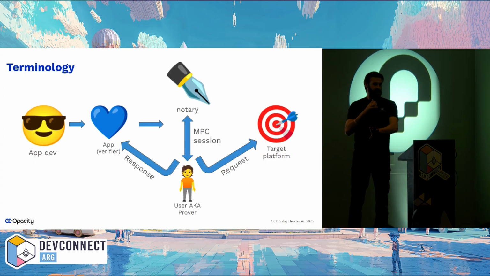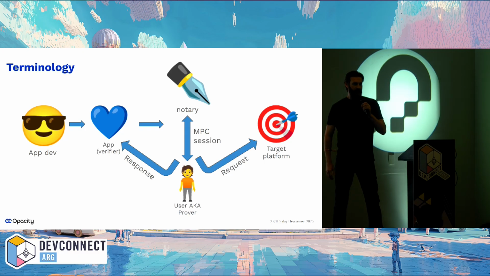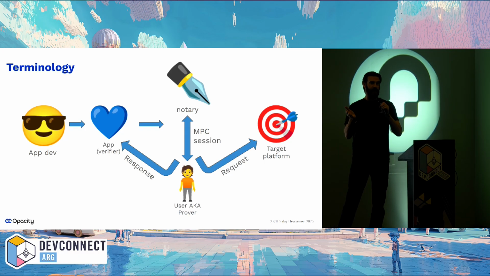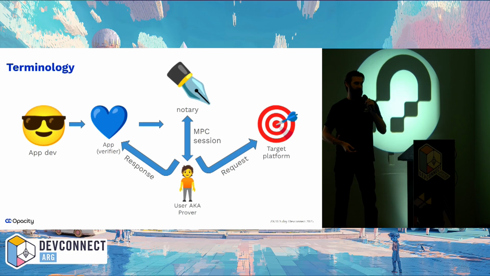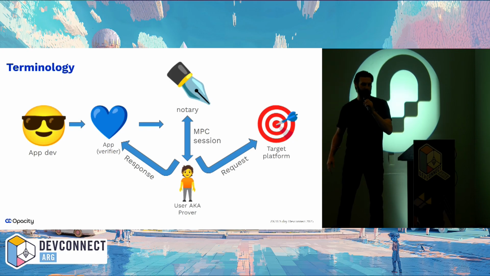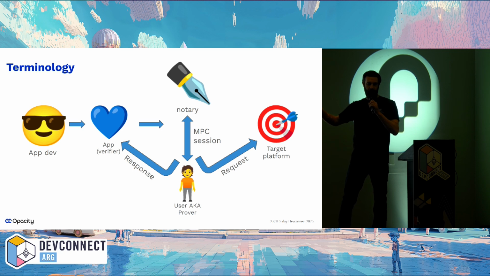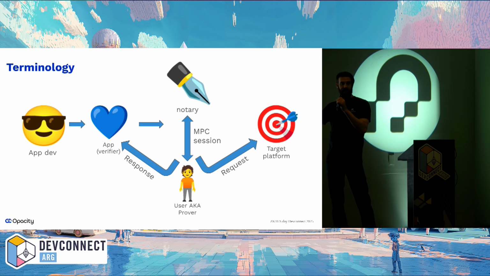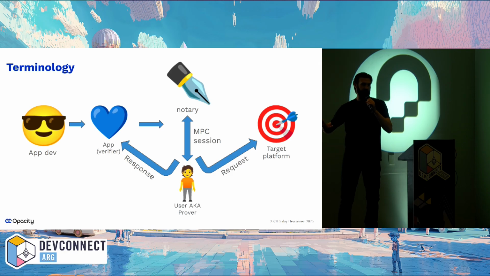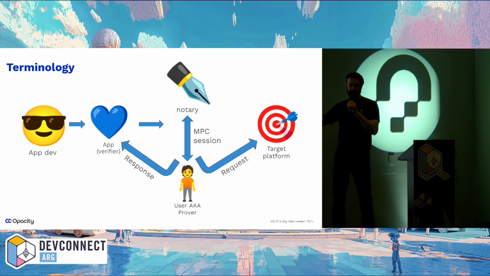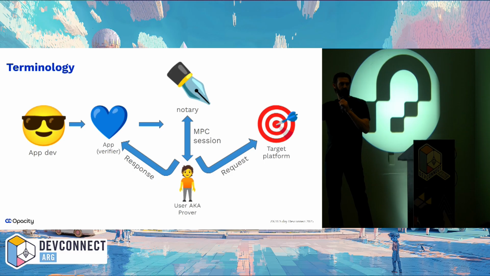Let's start by just laying out the terminology I'm going to be using. So app developer, theoretically that's you. This talk is sort of geared for an app developer. You're building an app. Your app depends on some kind of verified data coming from a user and their account on a target platform.